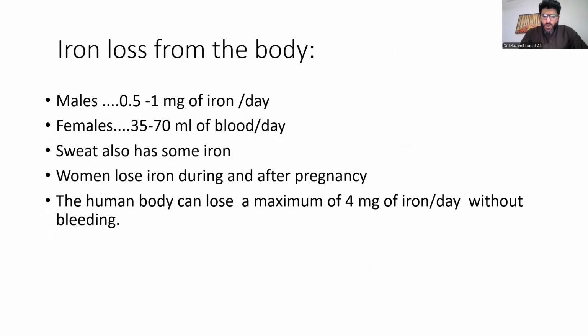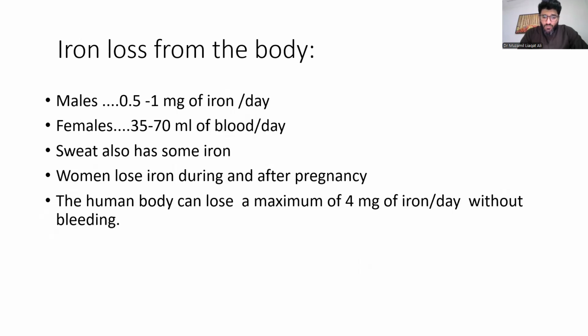Now let us discuss how iron is lost from the body. In males, daily iron loss is about 0.5 to 1 milligram per day, primarily through shedding of the skin and intestinal cells. Females lose additional iron through menstrual blood, which is approximately 35 to 70 milliliters of blood per month, equivalent to about 15 to 30 milligrams of iron per month.